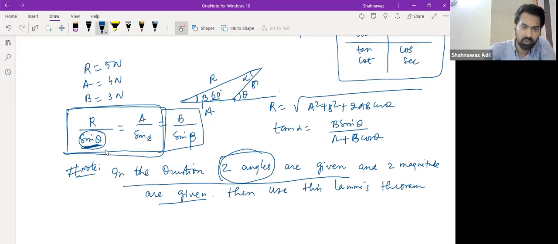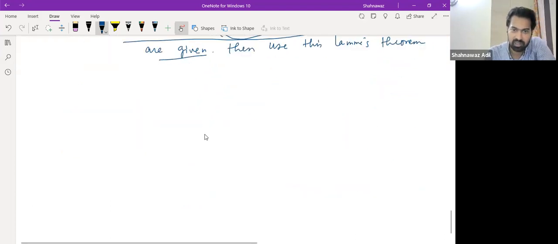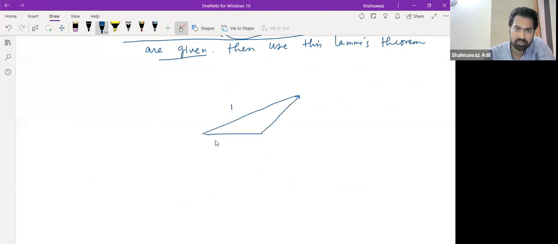So let's say you have a diagram like this. This is the resultant, and the angle between those two vectors is 60 degrees. And the angle between the resultant and B is beta.